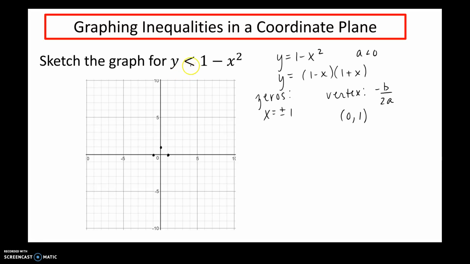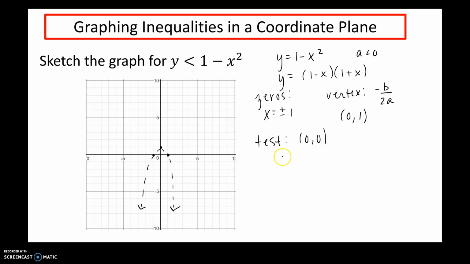All right, now when I look at the inequality, notice that y cannot equal 1 minus x squared. So when I graph that parabola, I have to use a dashed boundary line. Looking at the graph, 0, 0 is not on the graph of the function, so I can use that as my test point.